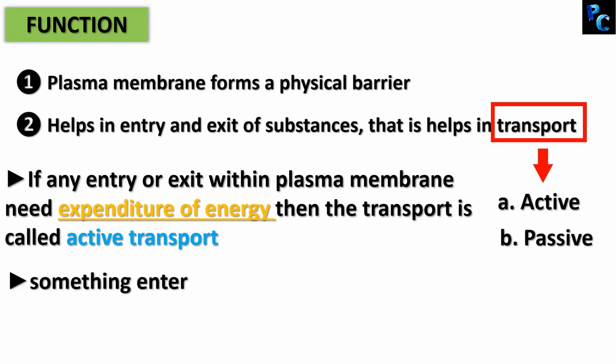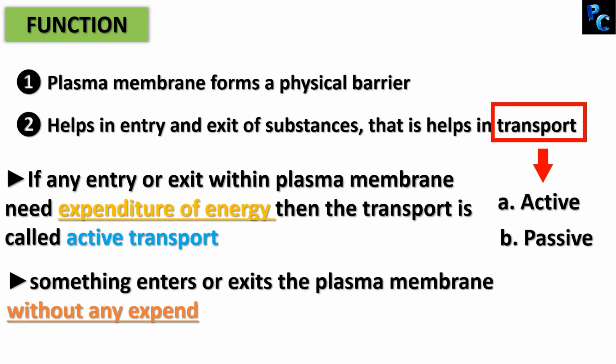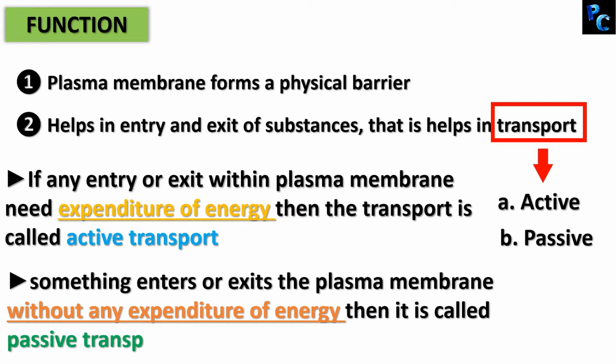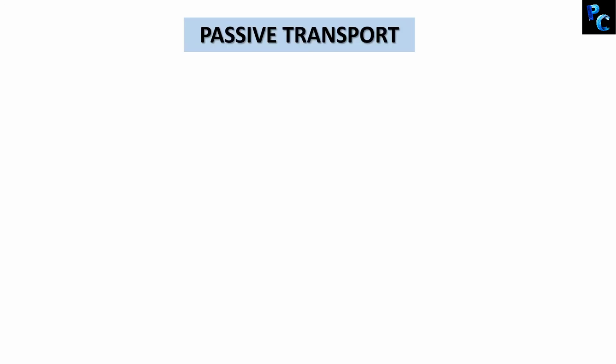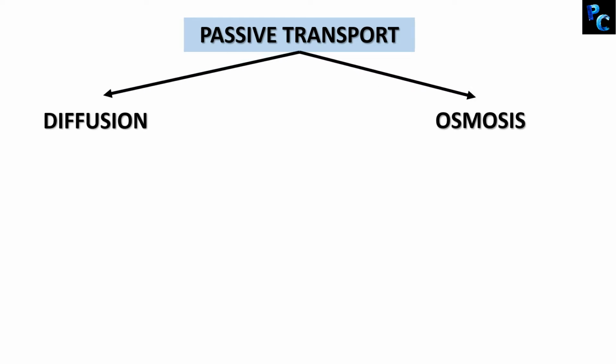On the other hand, if something enters or exits the plasma membrane without any expenditure of energy, then it is called passive transport. So in active transport, energy is required, while in passive transport, no energy is required. Now, passive transport can be of two types, diffusion and osmosis. Let's understand in detail about diffusion and osmosis.